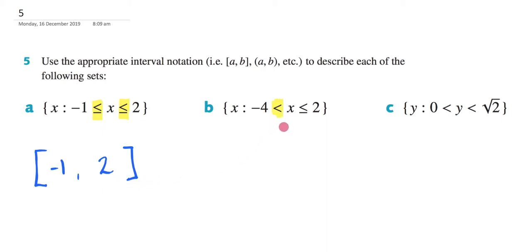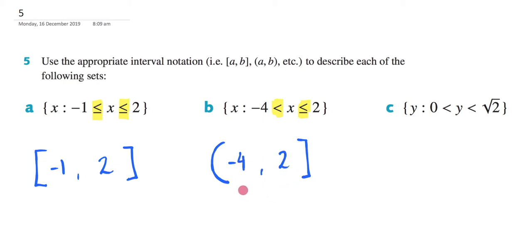Let's go over here now, and notice that because we don't have that equals to sign here, it's going to be a round bracket. And then we have less than or equal to, so we have that equals to sign, which means it's going to be a square bracket. And I'm going to have -4 to 2.